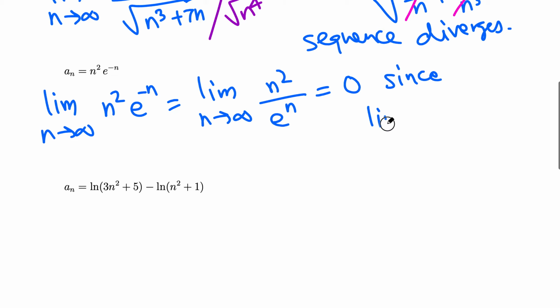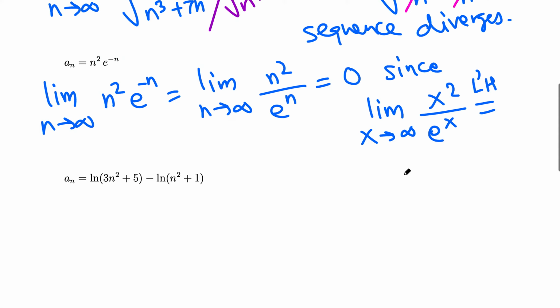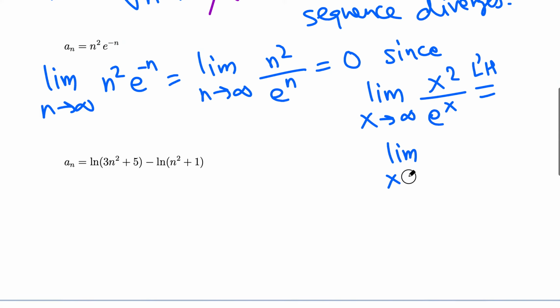Let me put the limit of x squared over e to the x, when x goes to infinity. If I use L'Hopital's rule, this becomes the limit as x goes to infinity of the derivative of the top on the top, derivative of the bottom on the bottom.